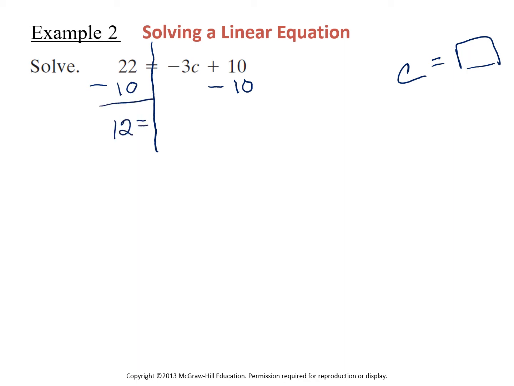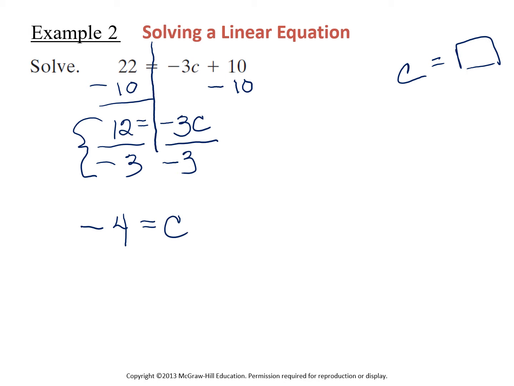So 12 is equal to negative 3c. And now I'm going to divide both sides of the equation by the coefficient, which is negative 3. And 12 divided by negative 3 is negative 4. So my solution is negative 4 equals c.